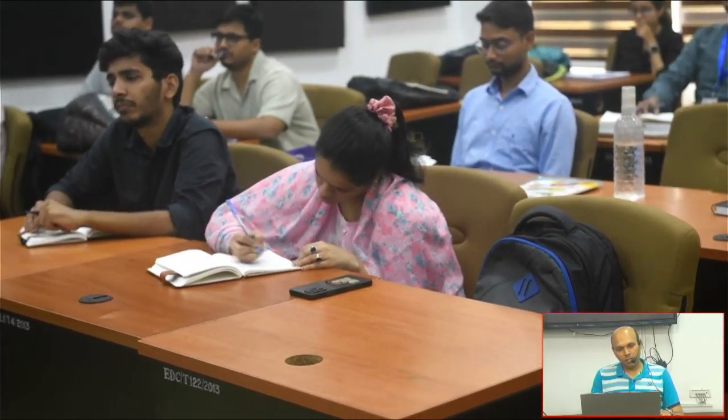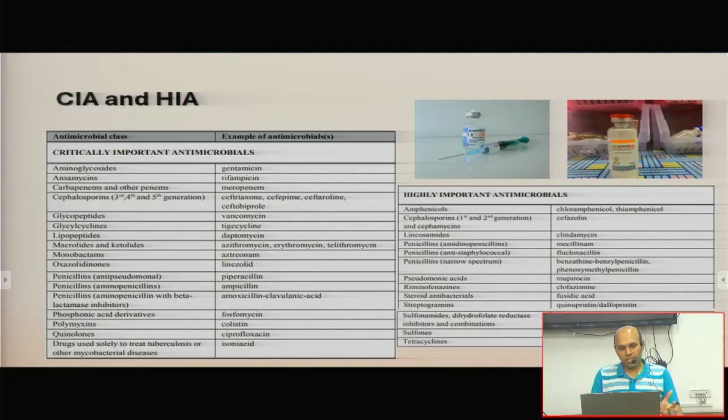And on the right hand side, again, you see a snapshot of the document listed by WHO that highlights different areas of priorities. For example, penicillins are such a broad class that they are split into 6 groups. And yesterday you saw that there are different antibiotics under the beta-lactam category. This is just an example highlighting CIA and HIA. CIA is critically important antibiotic, HIA is highly important antibiotic or antimicrobials.